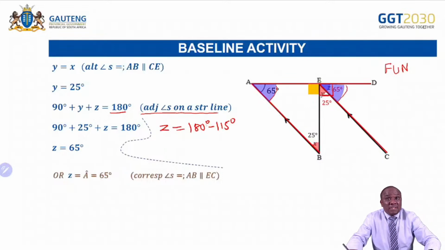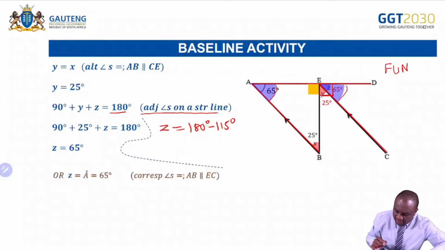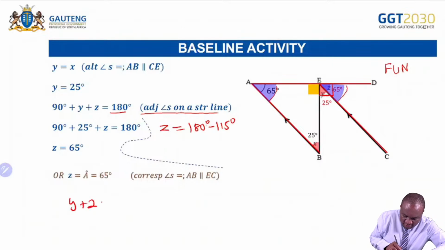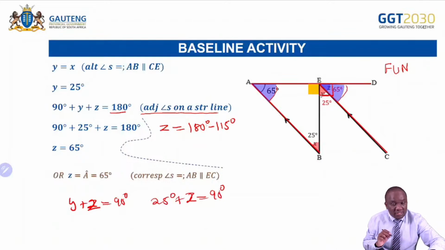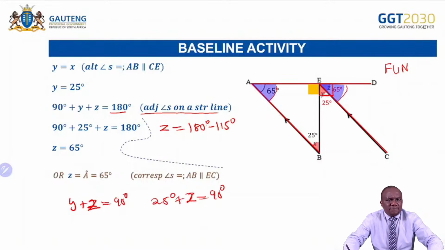So these are complementary angles. So it means Y plus Z must give us 90 degrees, but we have Y, so it's going to be 25 degrees plus Z is equal to 90 degrees. And then we say 90 minus 25 to get our Z, which is 65. These are the different ways we can find those angles.